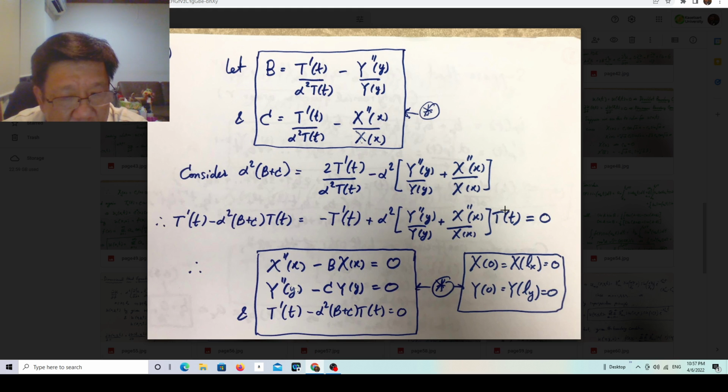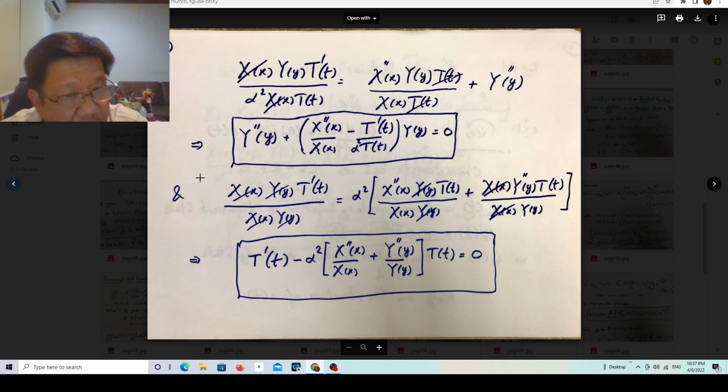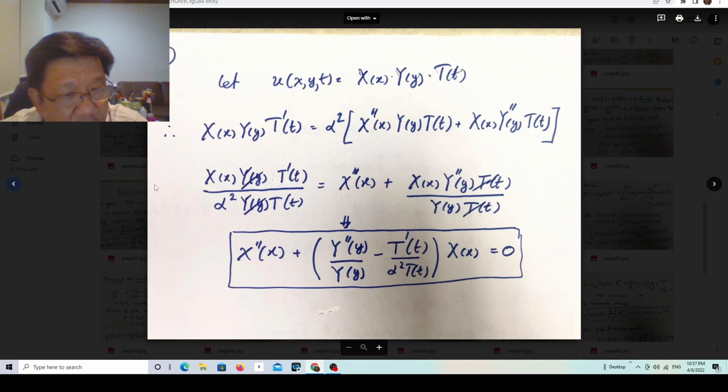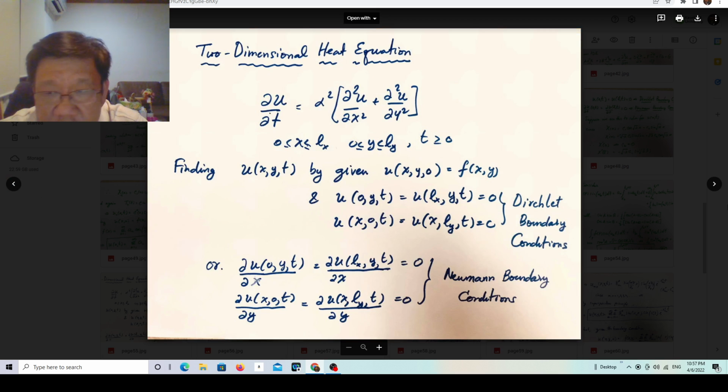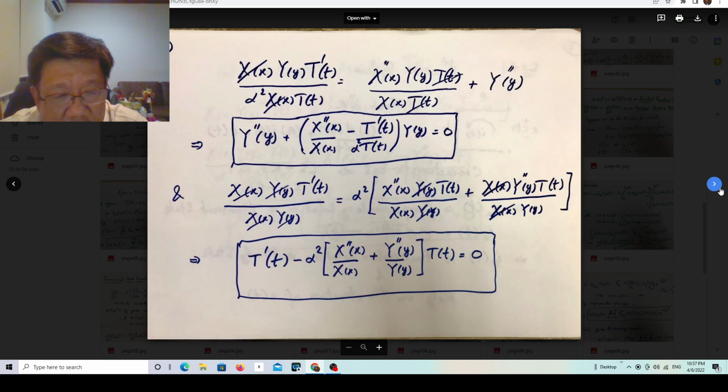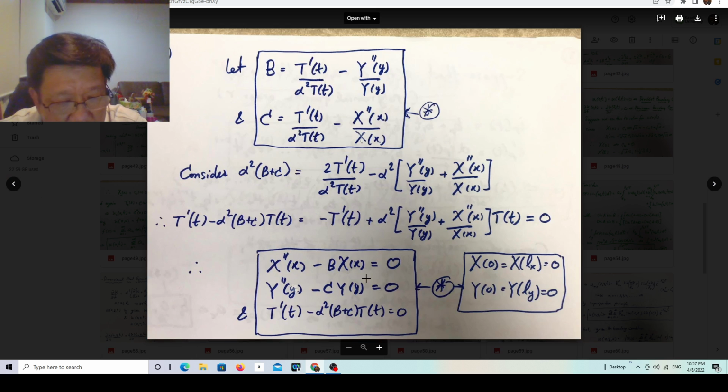If you move to the other side, left hand side becomes right hand side, and right hand side becomes left hand side, you end up having a third equation here. So this is just to simplify the form from the original one. This is the original equation here, and you can simplify it and write it down as here.